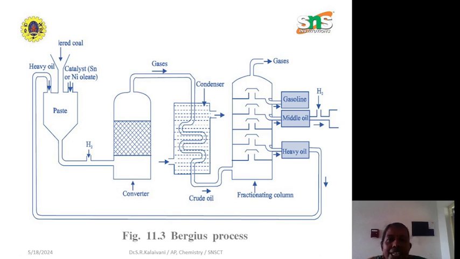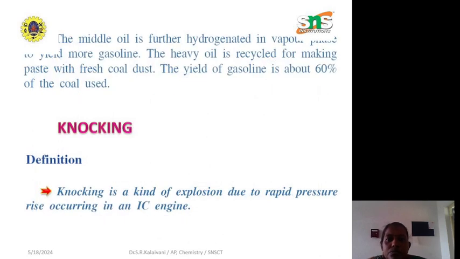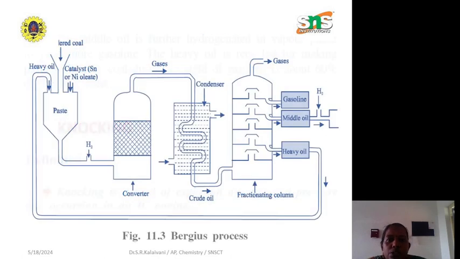Heavy oil is recycled for the purpose of paste making. The middle oil is further hydrogenated, vaporized and more gasoline is obtained. The yield of gasoline is about 60% of the coal used. This is the direct method for the preparation of synthetic petrol.